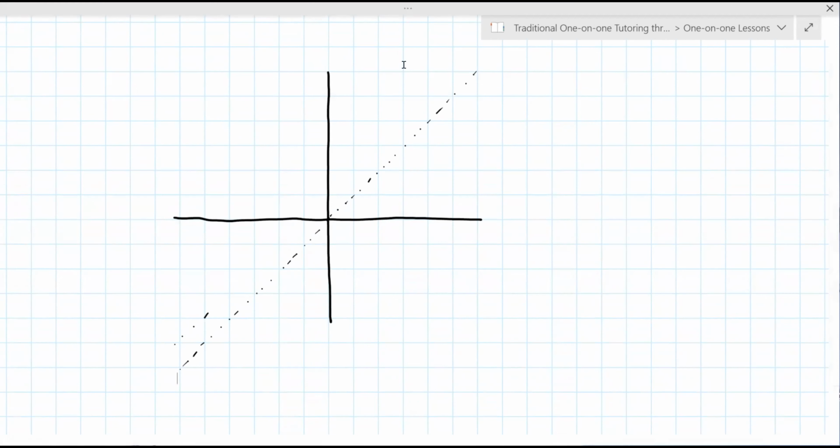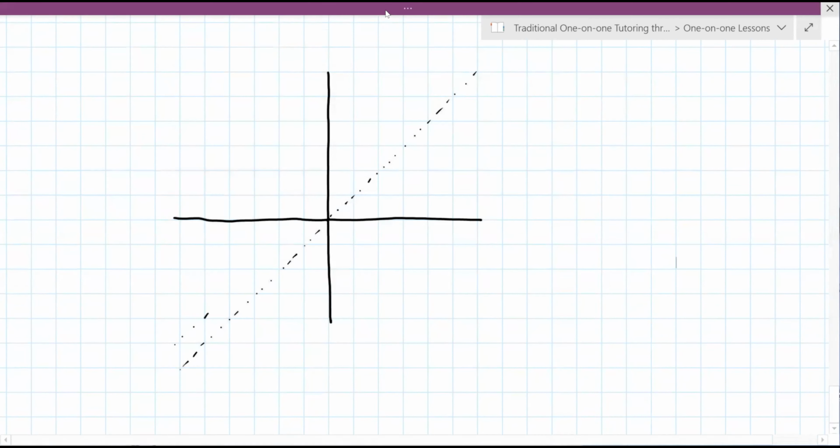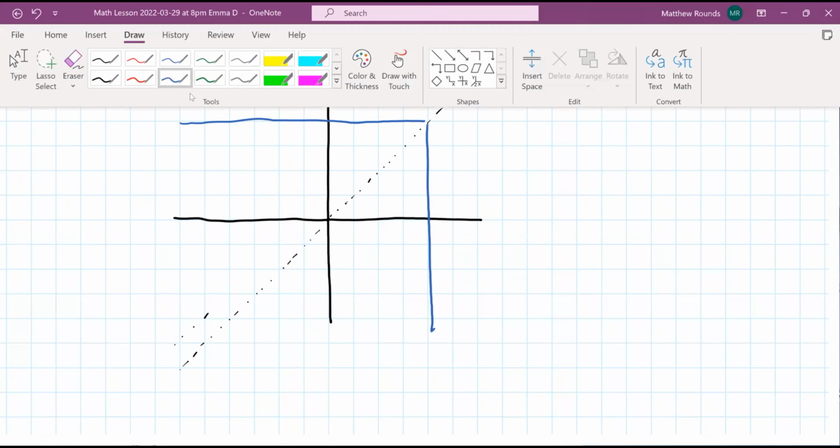Okay, so let me just actually copy this in case we want to do another one here. So let's say I gave you a curve that came straight in like this. Do you see how this would be the inverse? Yes. Because it bends in, has to bend out there. They're always the same direction.